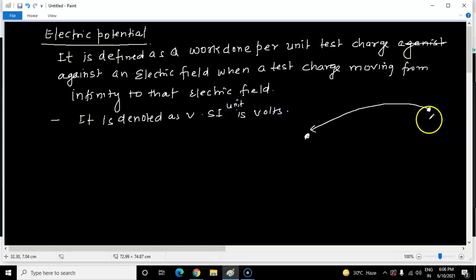So bringing the unit test charge from infinity to any point, whatever work is required, that is called electric potential. And this is a scalar quantity which doesn't have any direction, so electric potential is a scalar quantity.